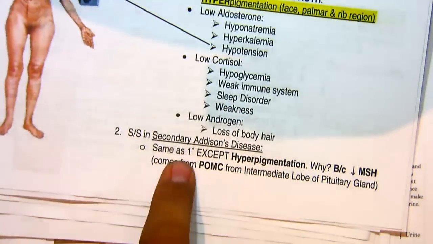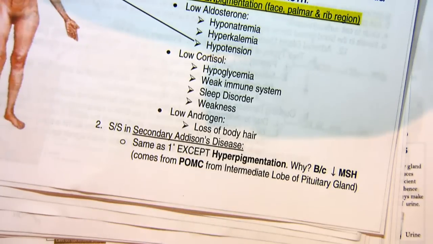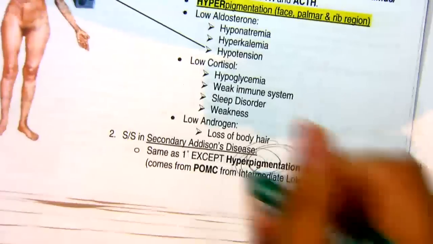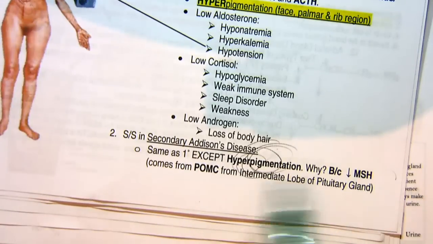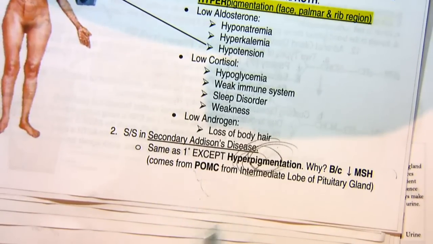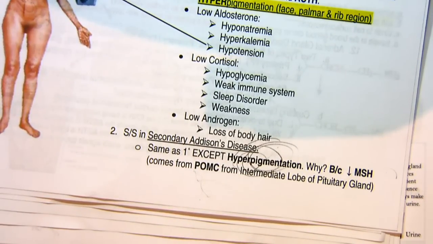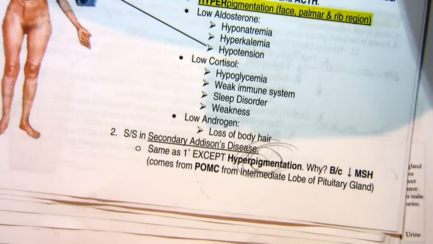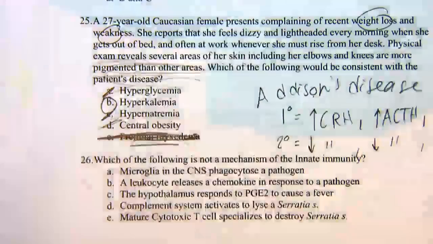And then hyperpigmentation because of decreased MSH comes from POMC from the intermediate lobe of the pituitary gland. Okay? Yes. Okay.